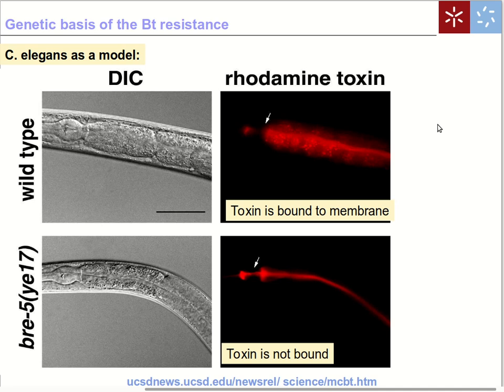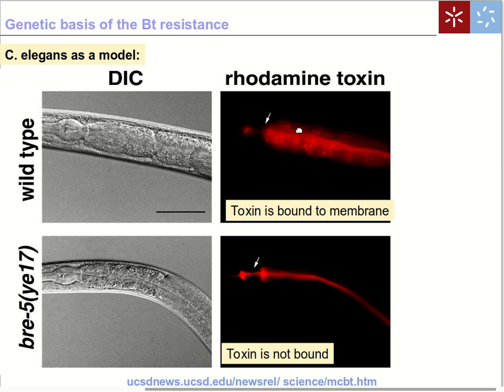Research has been performed in order to find possible mechanisms of resistance to these toxins. This slide shows a picture of a nematode, C. elegans. There are toxins that will attack this organism, and the research was performed using fluorescently labeled toxin.